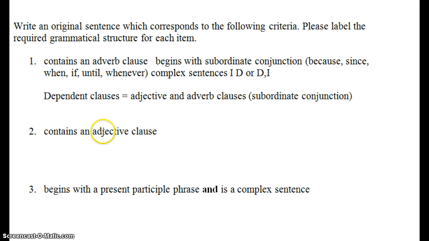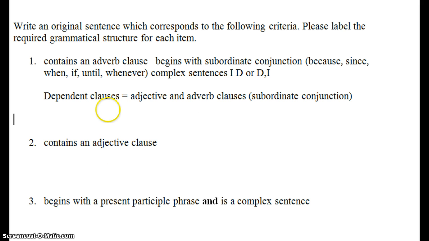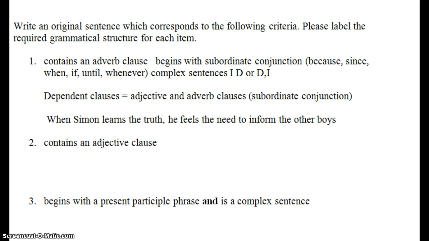All right, so for example, we could do a sentence this way: When Simon learns the truth, he feels the need to inform the other boys. So this is a complex sentence.